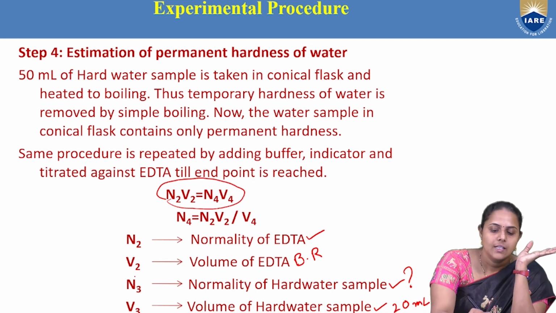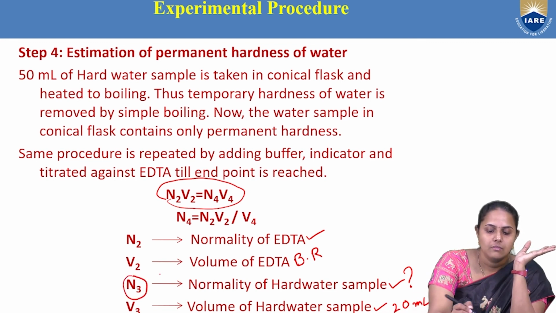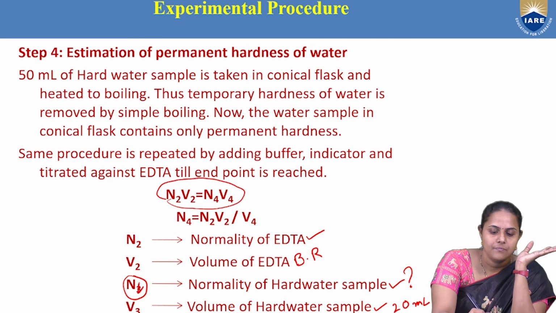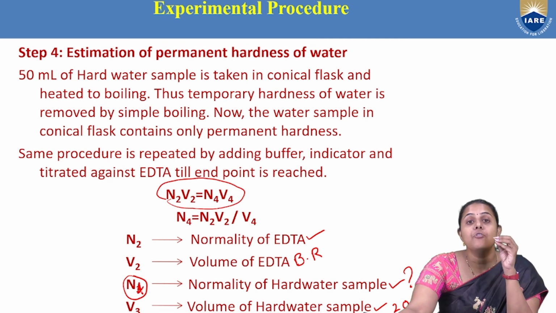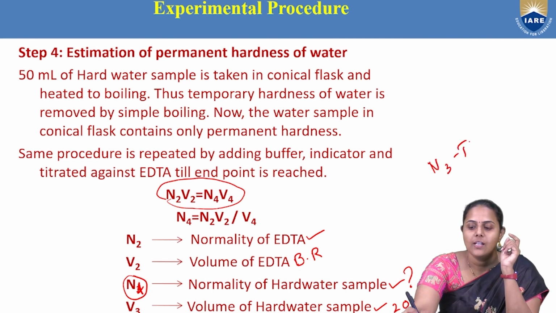Now I got the N4 value, that is the normality of water containing permanent hardness. Now what I know is the total hardness, that is N3. N3 is total hardness. N4 is permanent hardness.